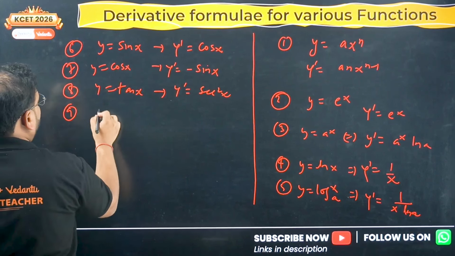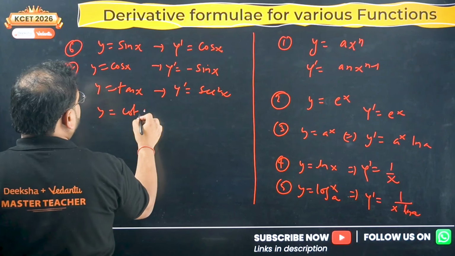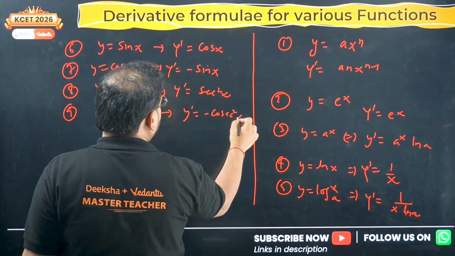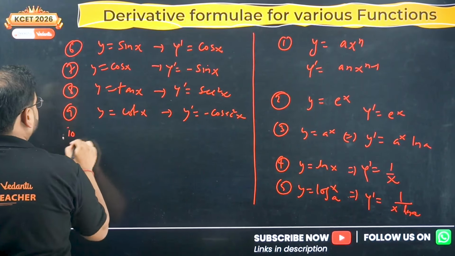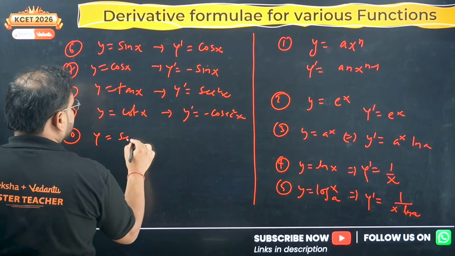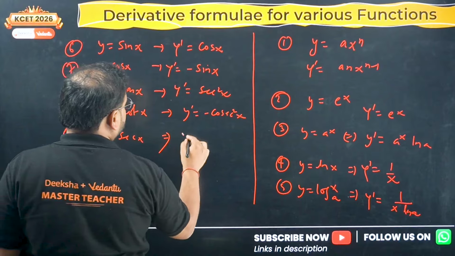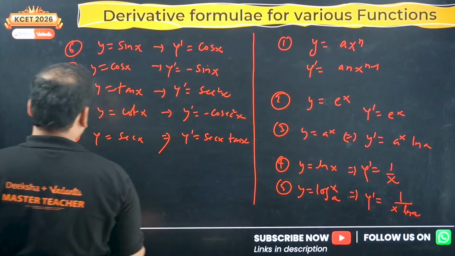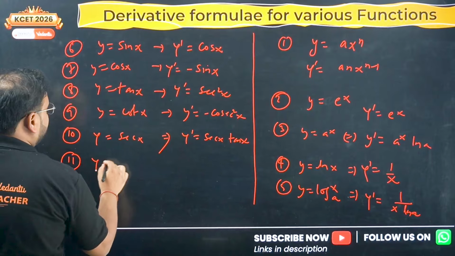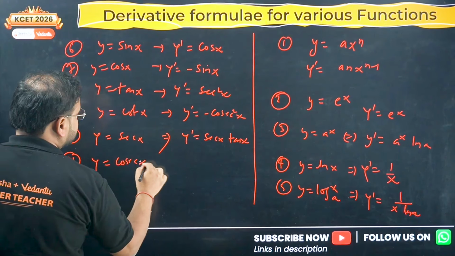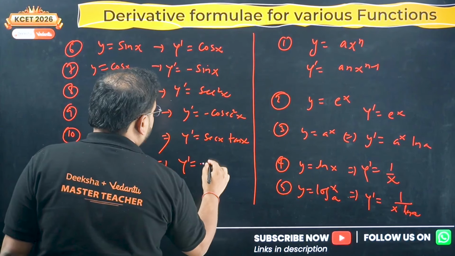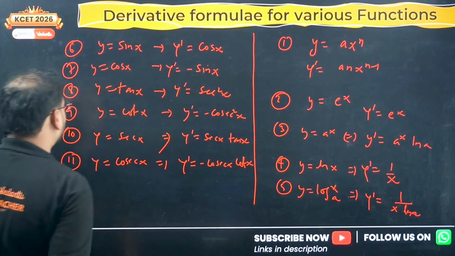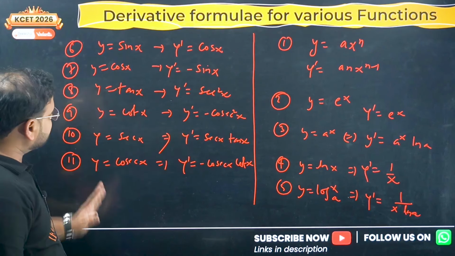If y equals cot x, the derivative is minus cosec square x. 10th one, if I have sec x, the derivative is sec x tan x. And 11th one, if y equals cosec x, the derivative is minus cosec x cot x. These are the 6 trigonometric functions.